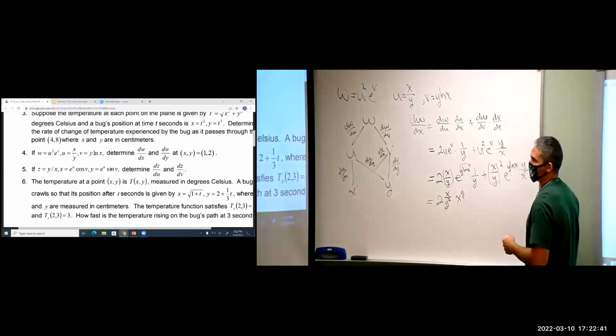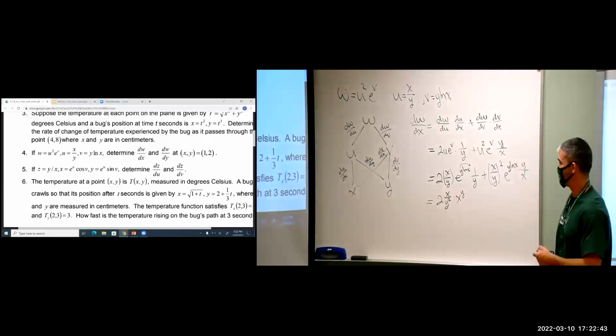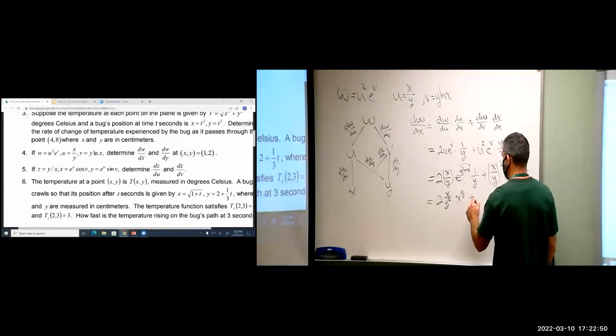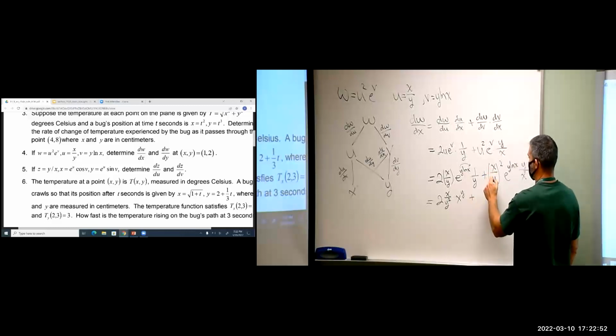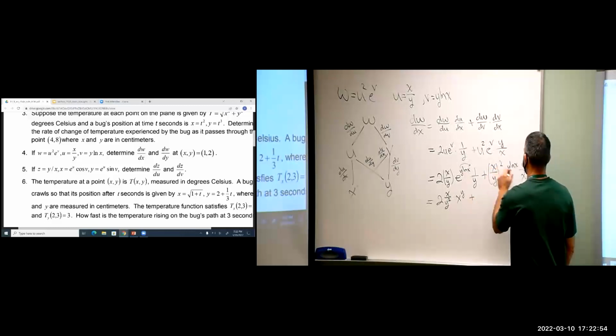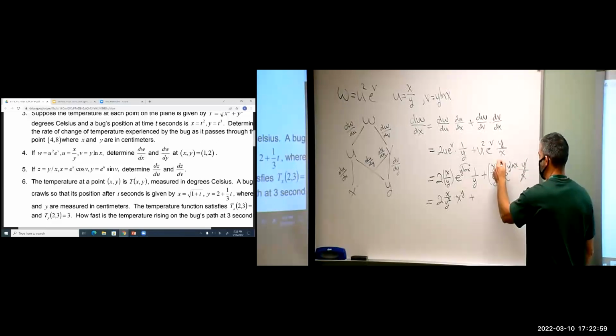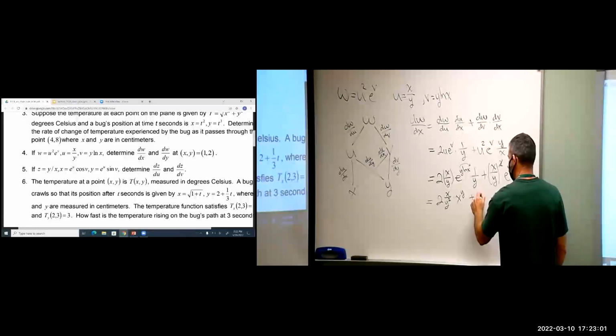You don't need to be able to do that to solve this, because when you put in the point you'll still get the same thing, but that's just cleaning it up a little bit. Now here, I've got an x over y squared, but I've also got a y over x, right? So that is going to cancel out one of those. So x over y, and then this is the same thing, that's that x to the y.